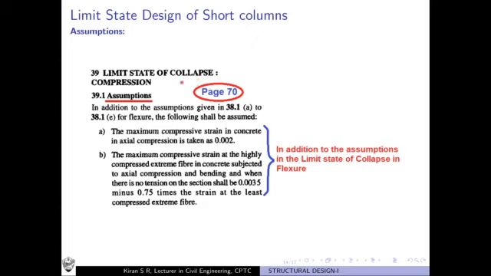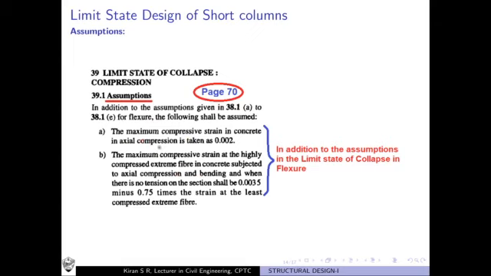There, a set of 5 or 6 assumptions we have already learned, and in addition to these, the code defines another 2 assumptions exclusively for compression members. So these are also to be given consideration.